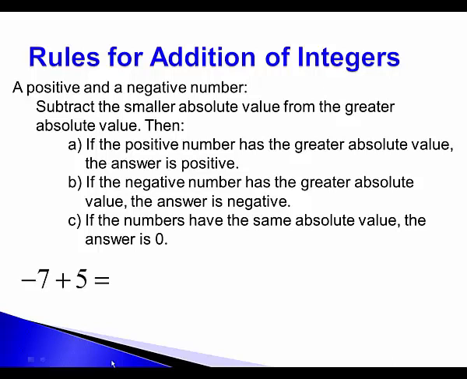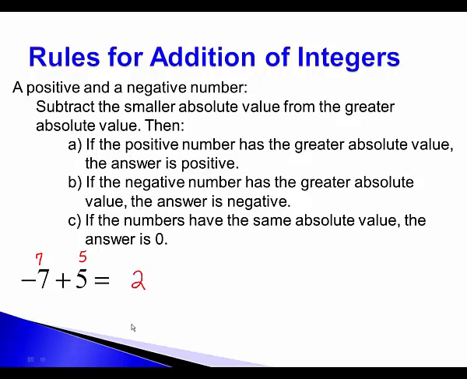If I have negative 7 plus 5, first of all it says I am to subtract the smaller absolute value from the greater absolute value. So we'll need first of all to get the absolute values. The absolute value of negative 7 is 7, and the absolute value of 5 is 5. Then it says subtract the smaller absolute value from the greater absolute value. So that means I would say 7 minus 5, and the number part of this is going to be 2.